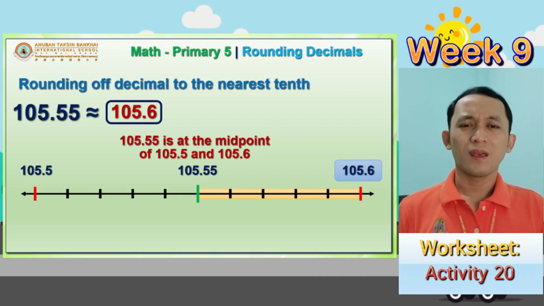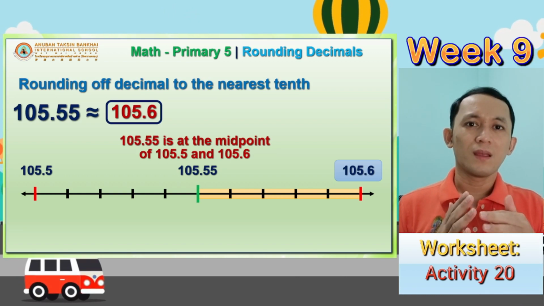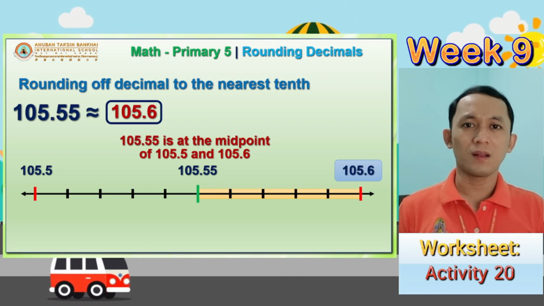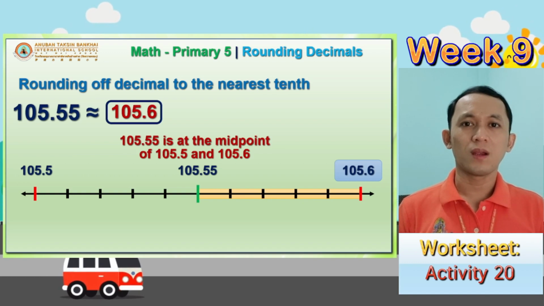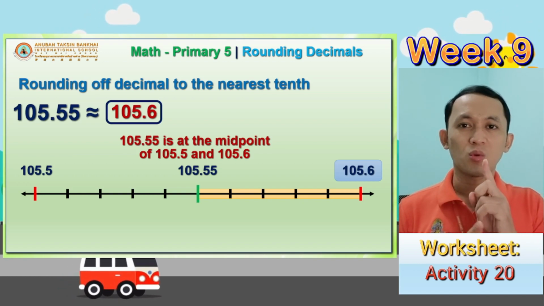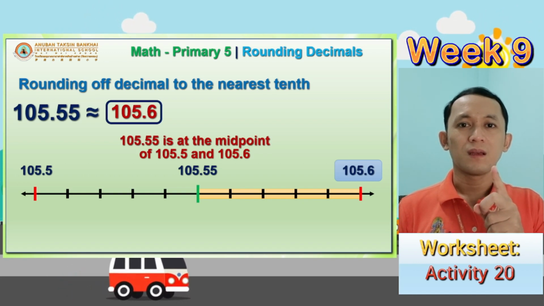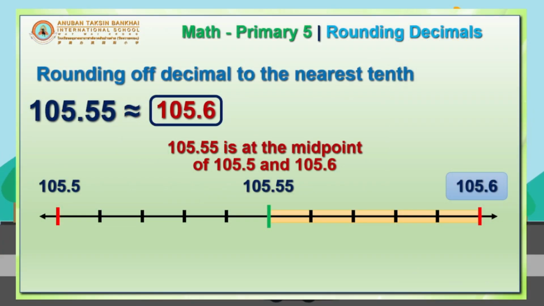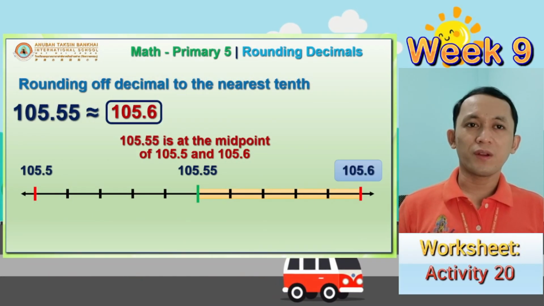Okay, I think this is very easy because we already discussed this one yesterday. I mean, the process is the same. This time we are going to round off the number to the tenths place. So that is one place value.